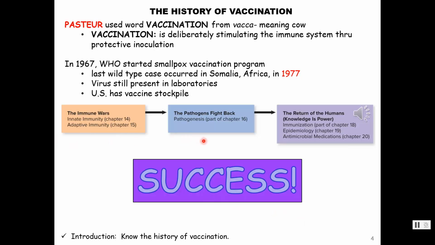We had already previously talked about the different types of pathogens, so bacteria and protists and helminths and viruses, and how they fight back and how they cause disease by attaching, colonizing, and causing damage. This last unit is the return of the humans. Knowledge is power. So we're talking about immunization, epidemiology, and then some antimicrobial medications, and then we will be done.